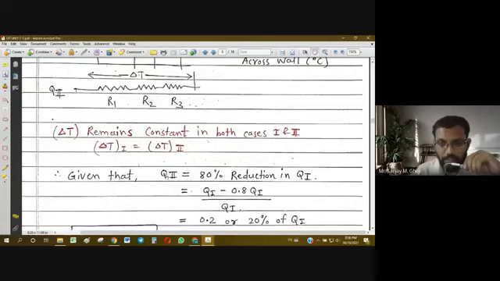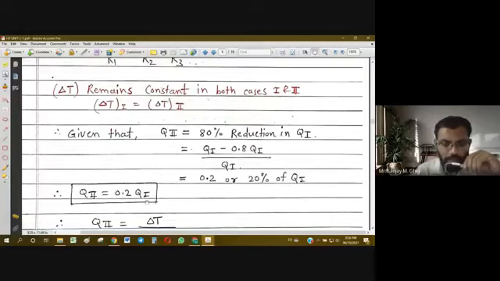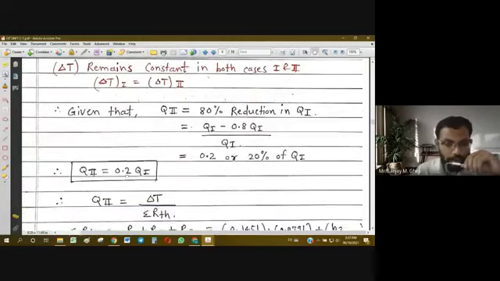This is case one. This is case two. 80% reduction means it will remain only 20% of the initial or previous heat transfer rate. So Q2 will be 20% of heat transfer rate without insulation. So Q2 is equal to 0.2 into Q1.